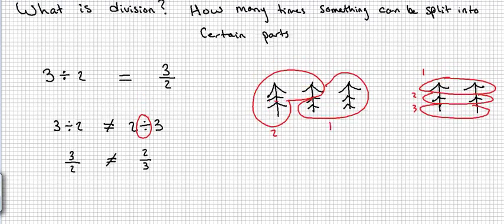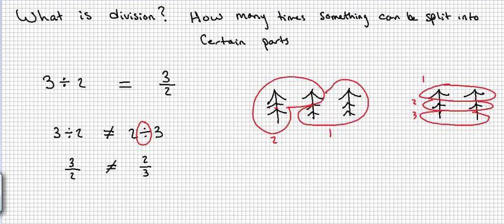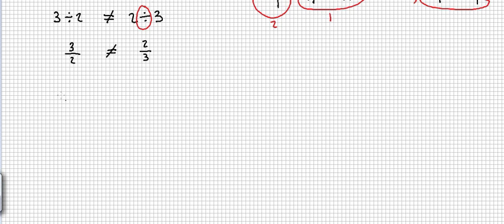So let's look at how we'll treat it with a variable. So if we have x divided by x, it's important to know that x could be any number. 1, 2, 3, 4, 5, 6, 7, 8, 9, 10, 5.724. But whatever this x is, it has to also be this x. They have to be identical.